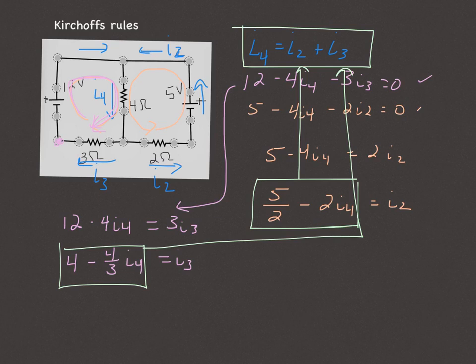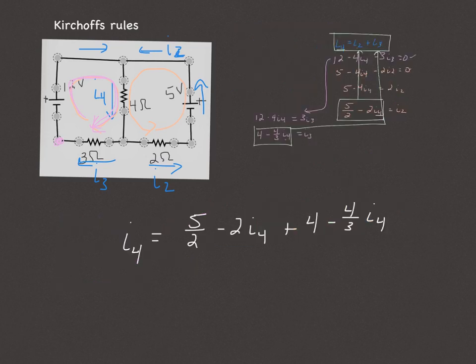Now what I'll end up with is an I4 in that term and an I4 in that term. So the first current that I'm going to solve for is the current through resistor 4. Okay, here's that substitution. Now I just have to combine like terms. So I'm going to move all the I4s to one side and the constants to the other side.